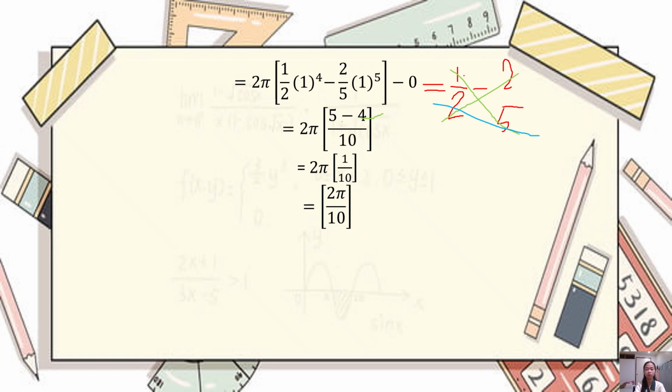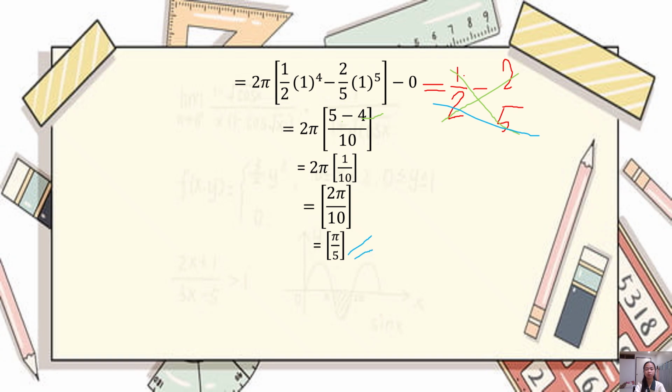So we will divide the numerator by 2, and we will divide the denominator by 2. 2π divided by 2 is 1, or just write down here π. And 10 divided by 2 is 5. So this is our answer.